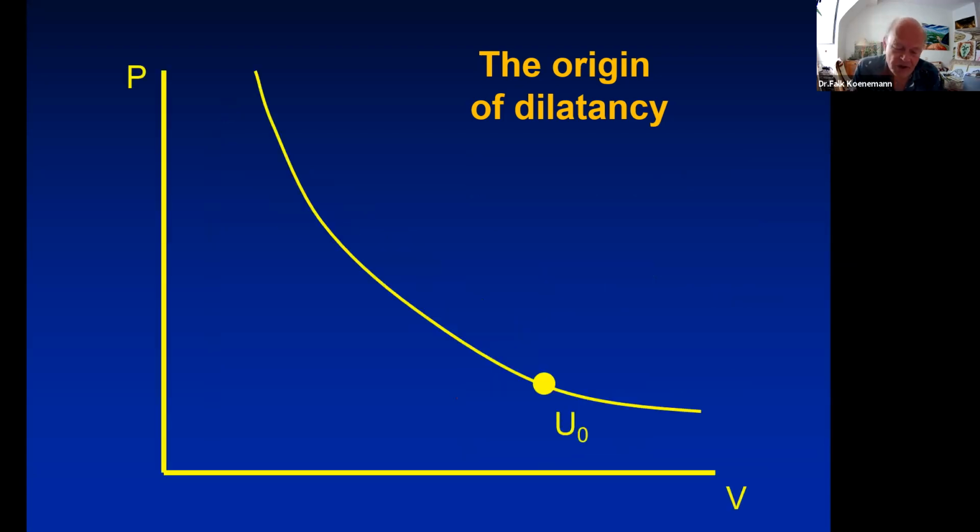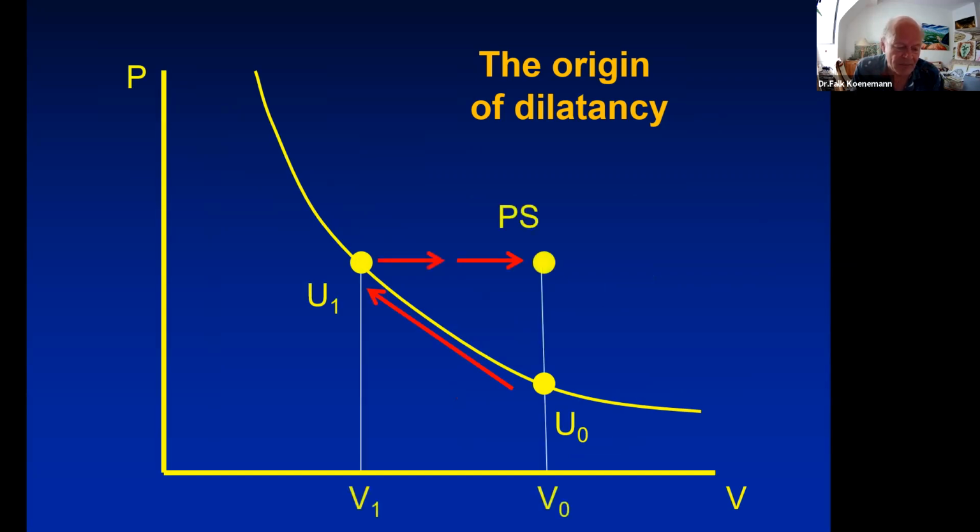The same decomposition is shown now in PV space. U0 is the unloaded state. Step 1 is the isotropic average loading. The state moves from U0 to U1. Step 2 is energy neutral. It does not leave a trace in the system.